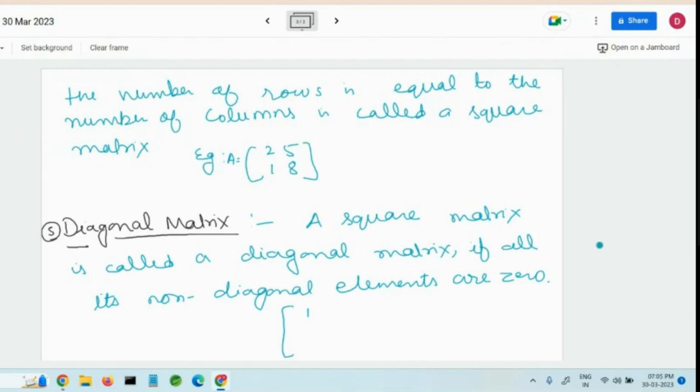Example is 1, 3, 4 on the diagonal and all other elements 0. So it is a 3 by 3 matrix.